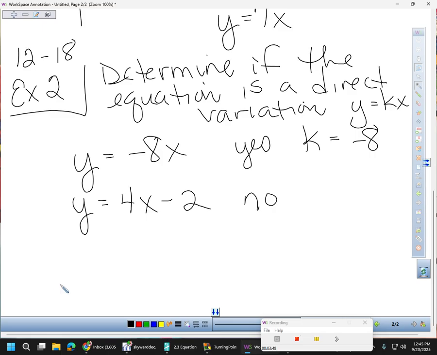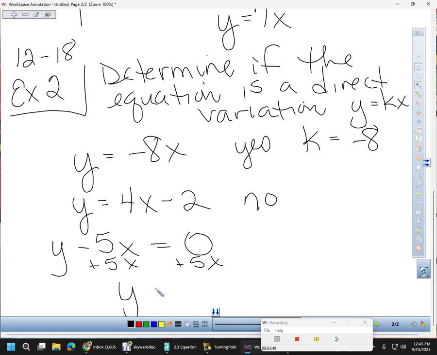All right, let's get a little bit tougher. What about if I had y minus 5x equals 0? Well, first of all, to determine if it's a direct variation, we have to get what by itself? We got to get y by itself, right? So I'm going to start by moving this 5x to the other side.